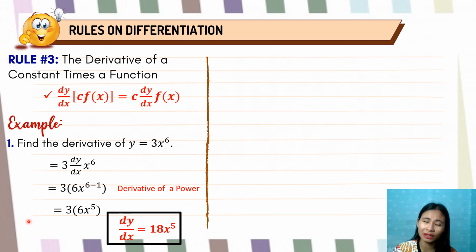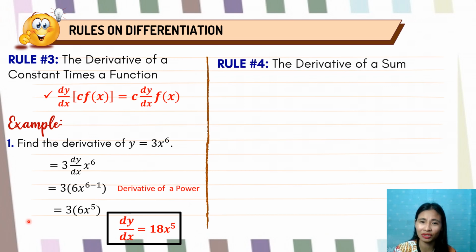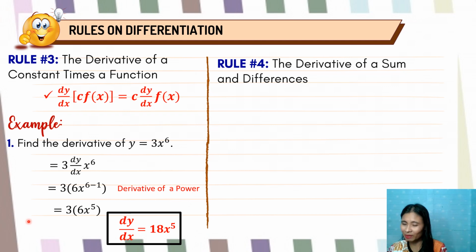Now, let's have the last rule for derivation. That is the derivative of a sum and difference. From the term sum and difference, meaning, how are we going to solve for the derivative of a function with multiple terms, or it's a polynomial actually. So, one function with many terms.